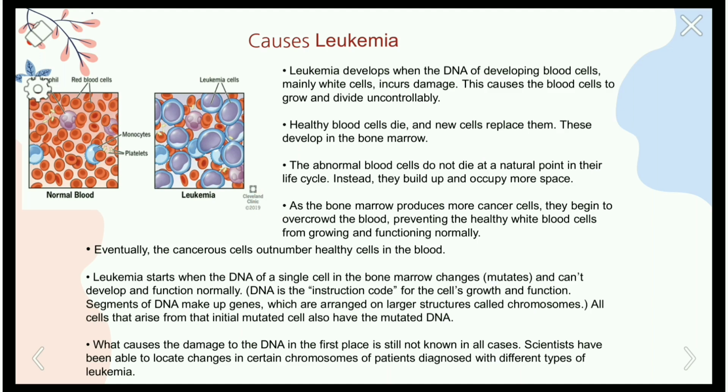As the bone marrow produces more cancer cells, they begin to overcrowd the blood, preventing the healthy white blood cells from growing and functioning normally. Eventually, the cancerous cells outnumber healthy cells in the blood, like this. What causes the damage to the DNA in the first place is still not known in all cases. Scientists have been able to locate changes in certain chromosomes of patients diagnosed with different types of leukemia.